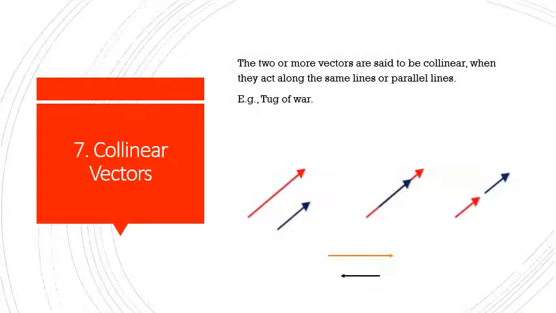Seventh type is collinear vectors. Two or more vectors are said to be collinear when they act along the same line or parallel lines. It's very simple.